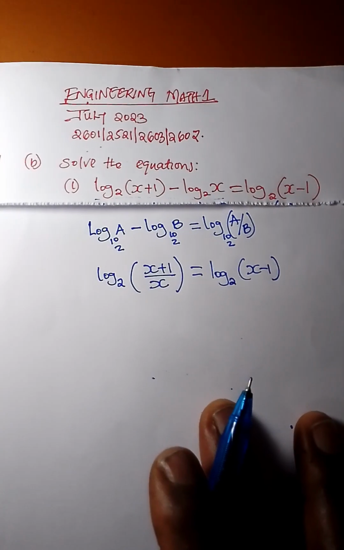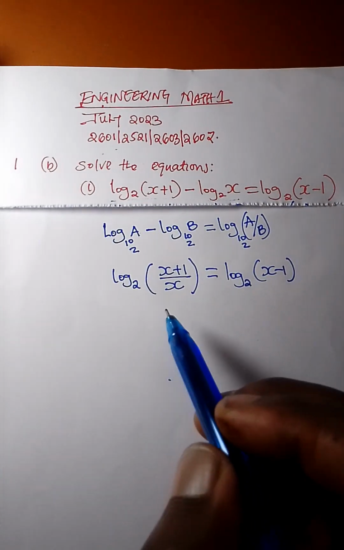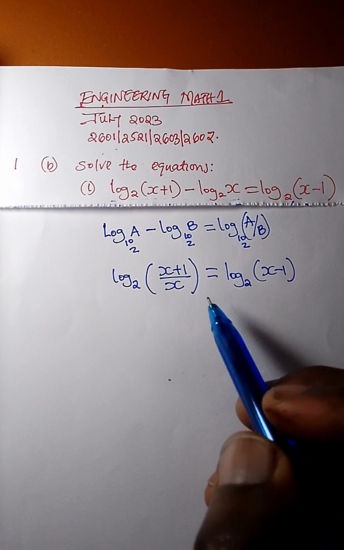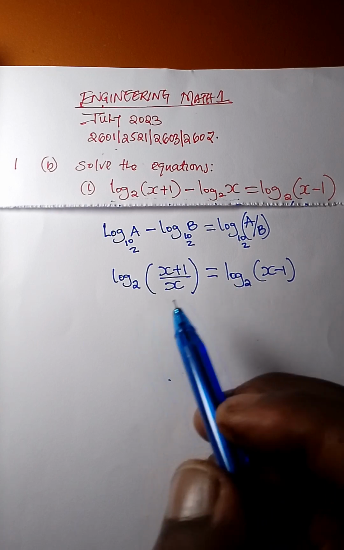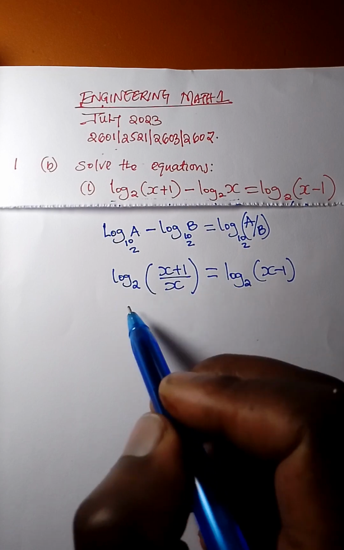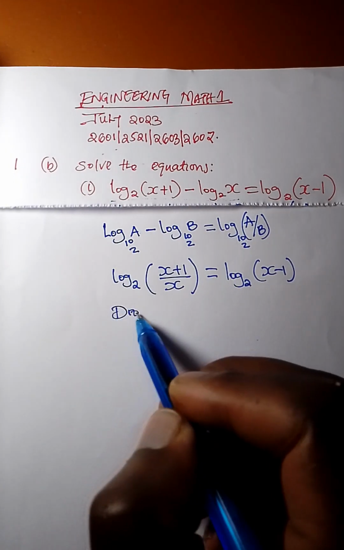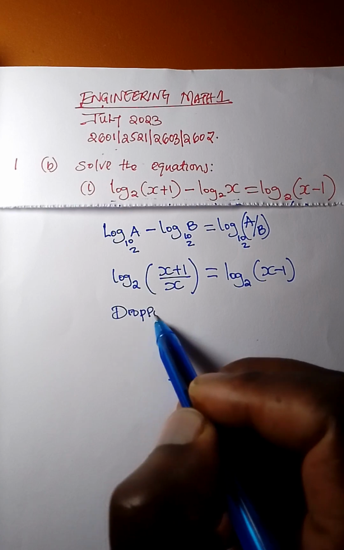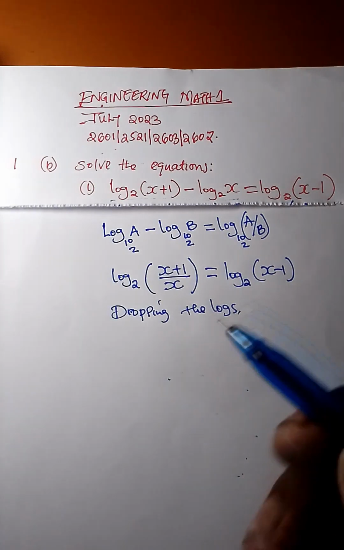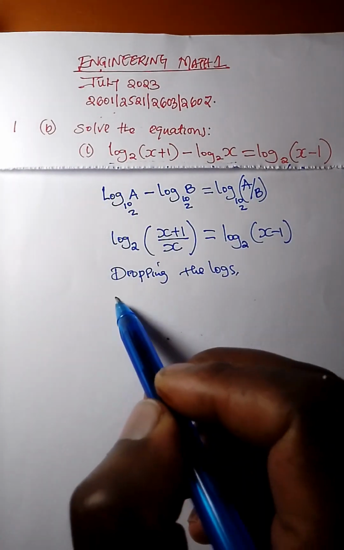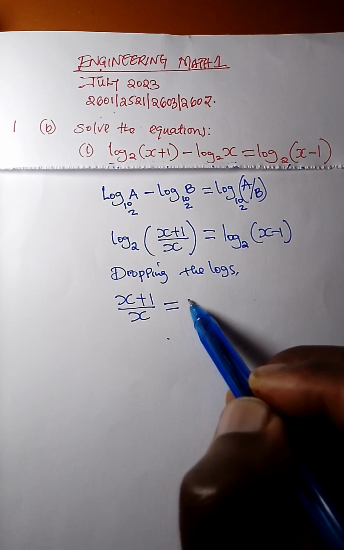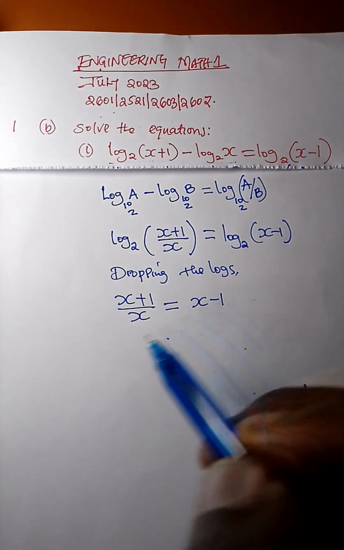In this scenario, we can see that the left hand side of the equation is equal to the right hand side in terms of functions, because it's log to base 2 and this is log to base 2. So at that point we can drop the logs. Dropping the logarithms, we shall have x plus 1 over x is equal to x minus 1.